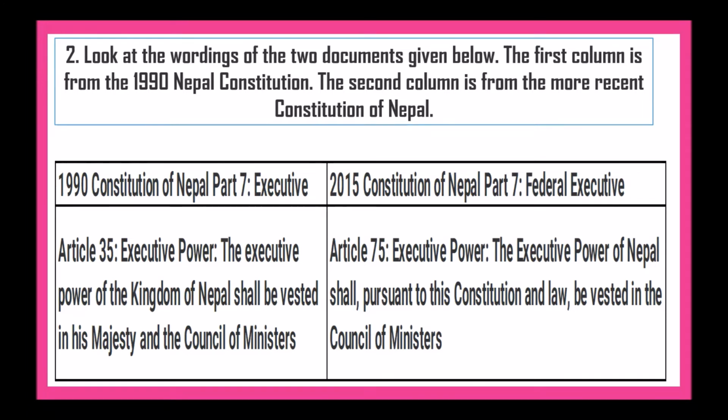Article 35, Executive Power: The executive power of the Kingdom of Nepal shall be vested in His Majesty and the Council of Ministers. In the 2015 Constitution of Nepal, Part 7, Federal Executive. Article 75, Executive Power: The executive power of Nepal shall, pursuant to this constitution and law, be vested in the Council of Ministers.